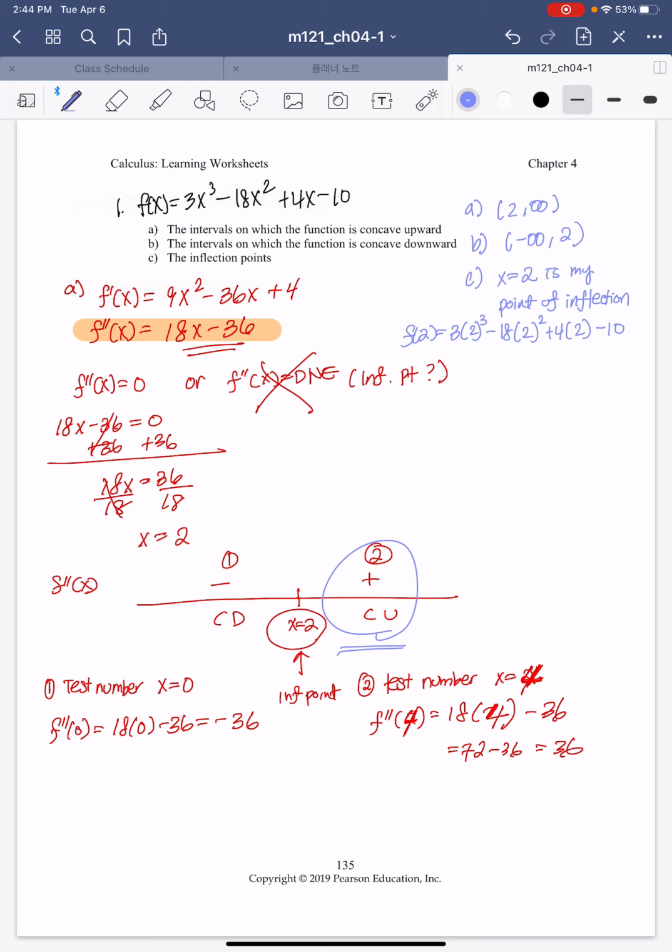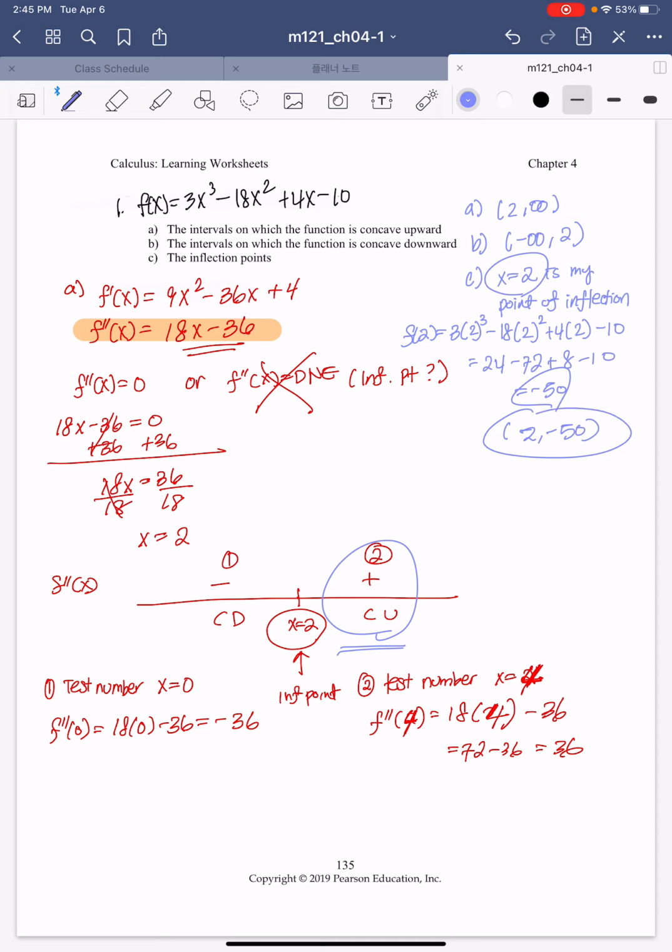So 8 times 3 is 24, minus 18 times 4 is 72, plus 8 minus 10. So 24 minus 72 plus 8 minus 10 will give me negative 50. So my ordered pair is (2, negative 50). That will be my inflection point.